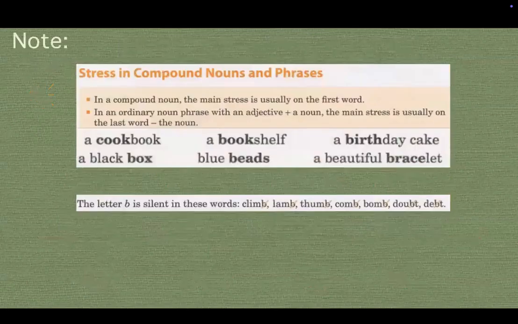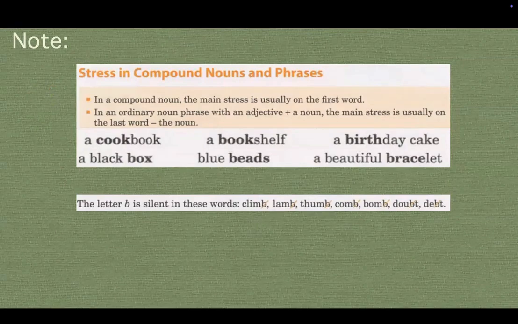Next, we also have some notes on stress in compound nouns and phrases. In a compound noun, the main stress is usually on the first word, and in an ordinary noun phrase with an adjective and a noun, the main stress is usually on the last word, the noun. For example, we have six examples here with compound nouns and phrases.